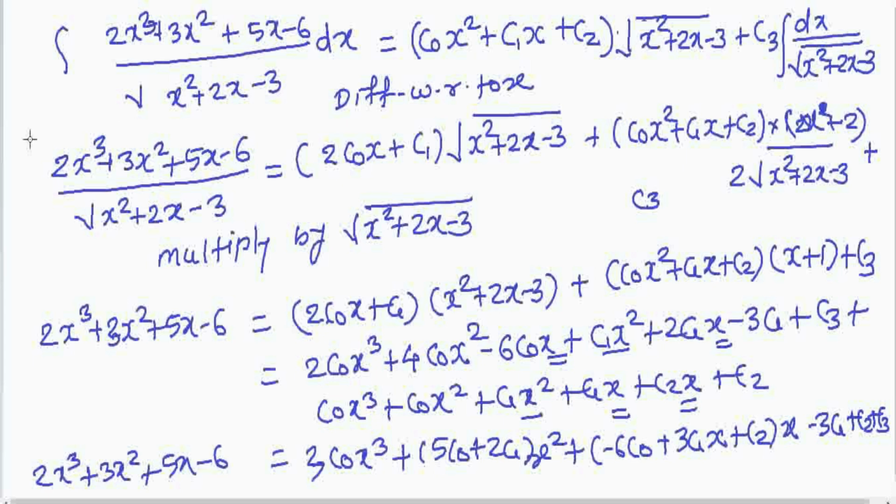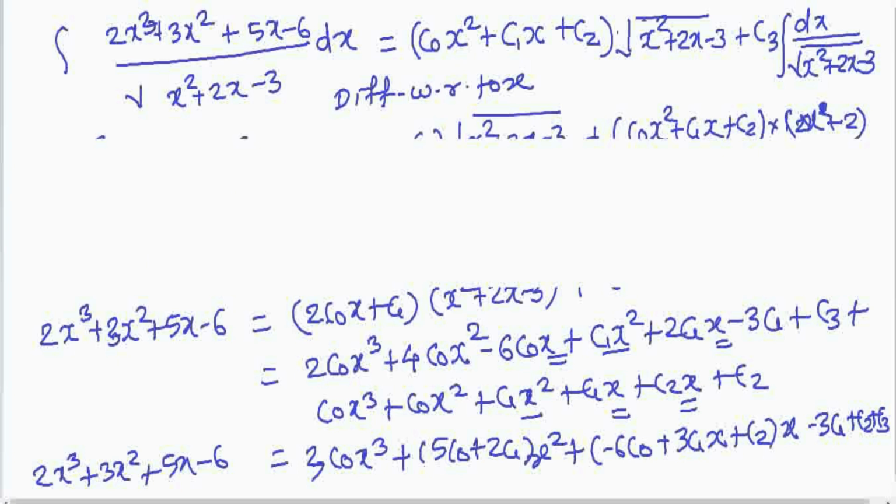Now equating this, we have the first equation: 3c0 equal to 2, and c0 equal to 2 divided by 3.